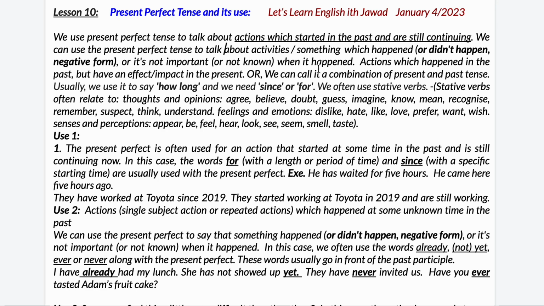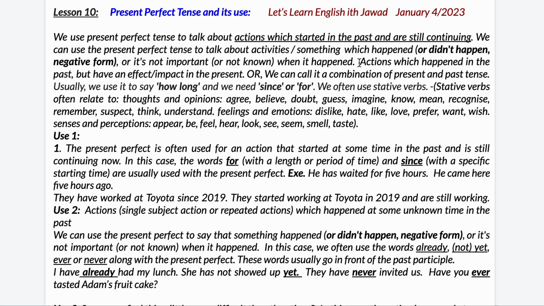So we talk about some stuff that hasn't happened yet. That's a negative form of present perfect statements or assertive sentences. Or we don't know when this thing happened, or the activity that we are talking about. We don't know if it happened or when it happened. Either the time is unknown or the time is not specific.